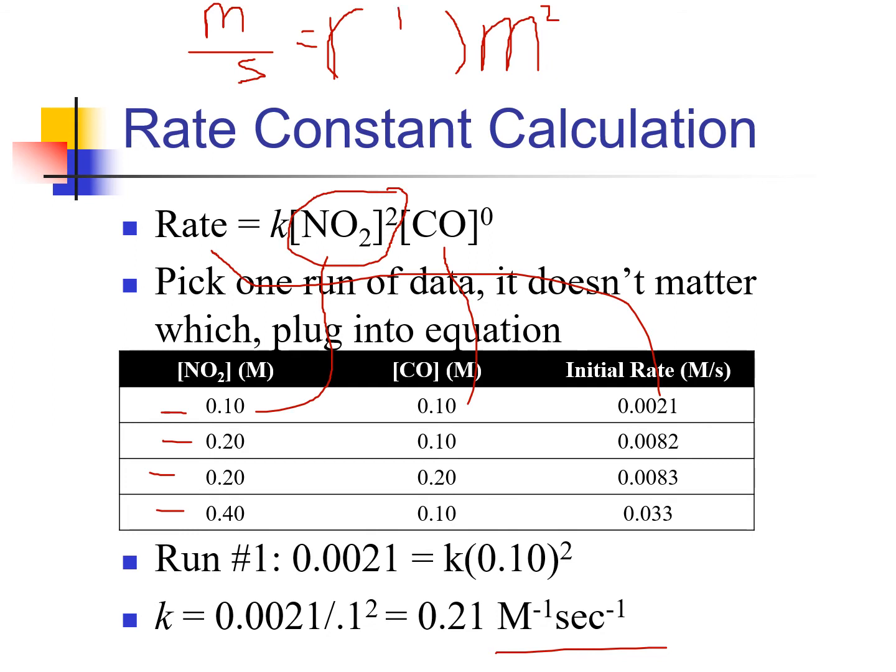Well, at the very least, I need a per second, so I add a per second. I also have to get rid of one of the molarities because this is molarity squared, right there. So now 1 over molarity per second, which is what we see here, just written in fancy notation.